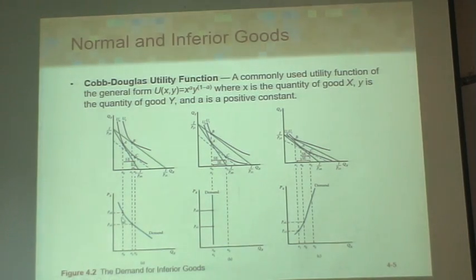And this one, we mentioned this before, right? I have told you, for a demand curve, if it is vertical, it means it is perfectly inelastic. Then it has to be an inferior good, because the substitution effect and the income effect cancel out each other.